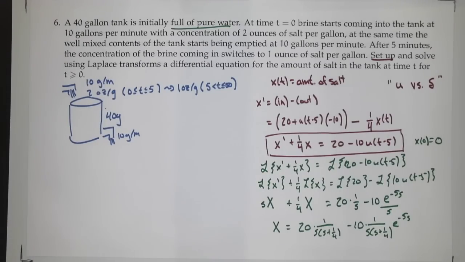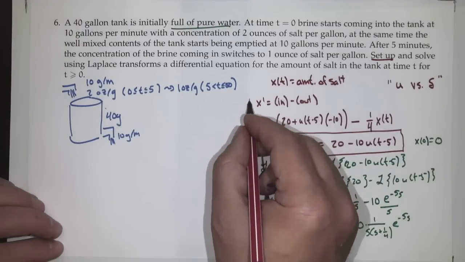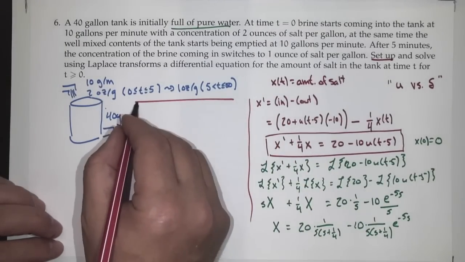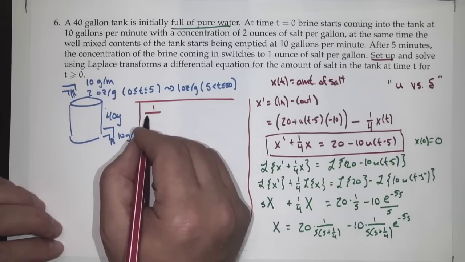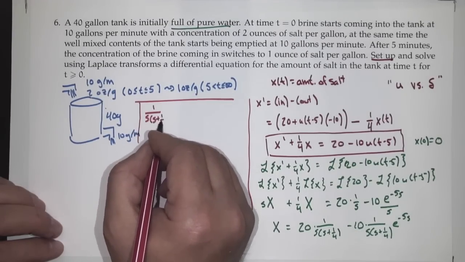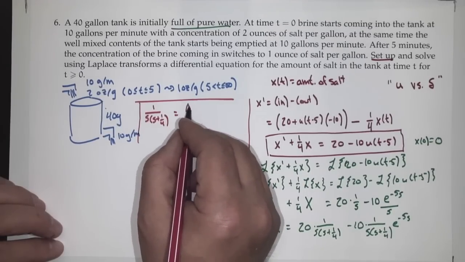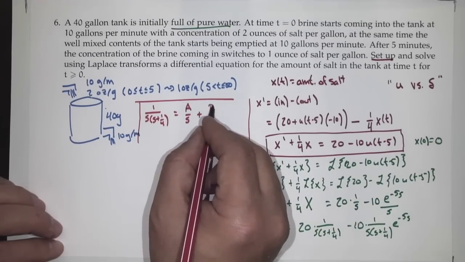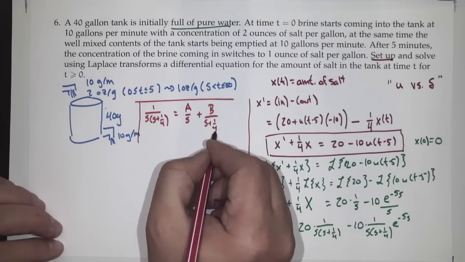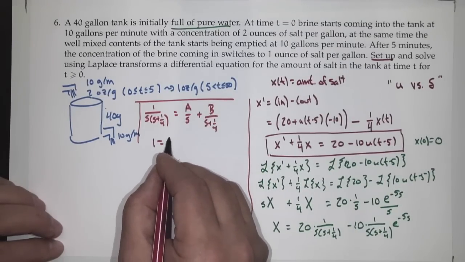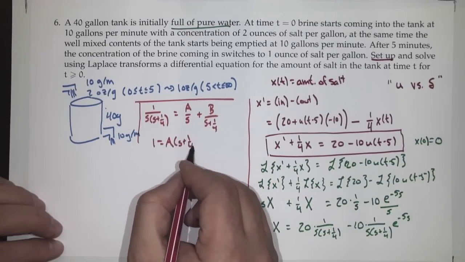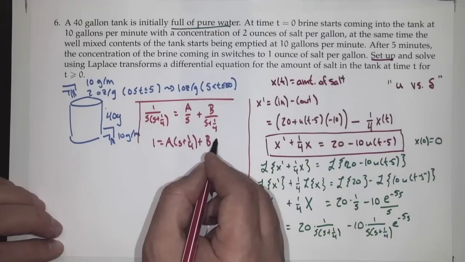Okay. Well, the nice thing here is it's the same partial fractions that we have to solve. So let's solve it. We have 1 over s times s plus 1/4 equals A over s plus B over s plus 1/4. 1 is equal to A times s plus 1/4 plus B times s.